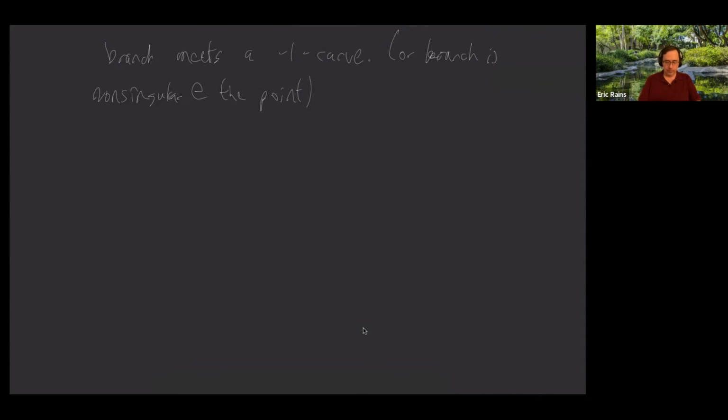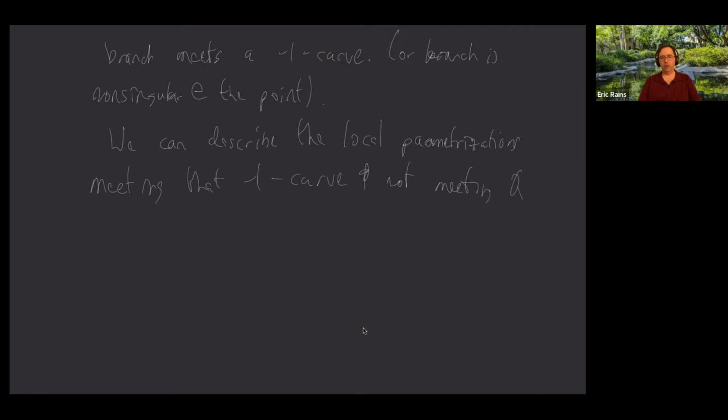Okay, so far so good. Given, well, so we can describe the local parameterizations meeting that -1 curve and not meeting Q, and we can do it basically using big O notation in the appropriate patch of the blowup.